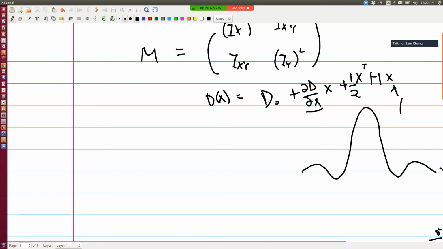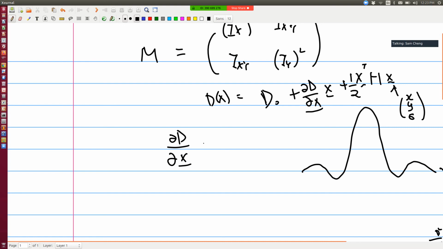So x is actually x, y, sigma, something like that, right? And then if I need to take the maximum, I take the partial derivative with respect to x here.